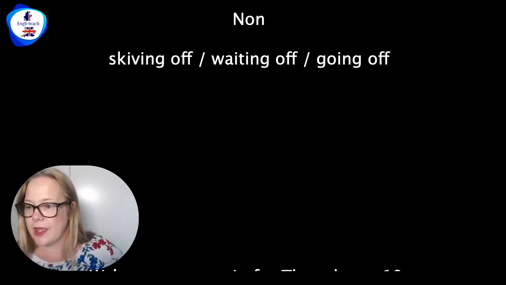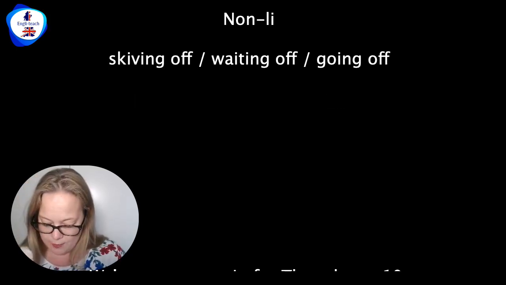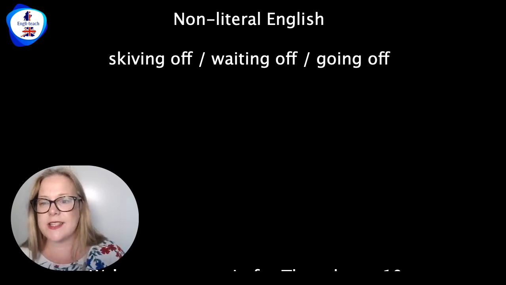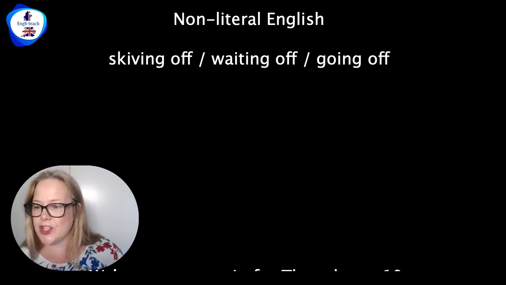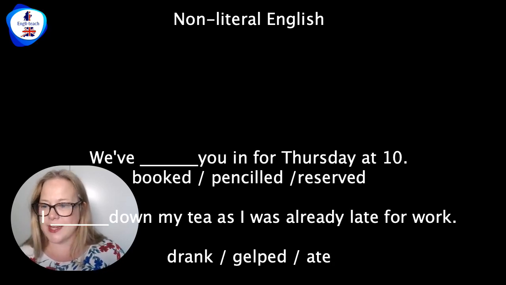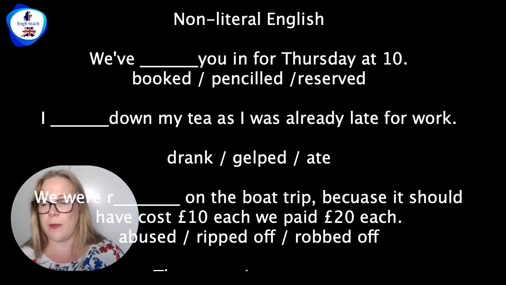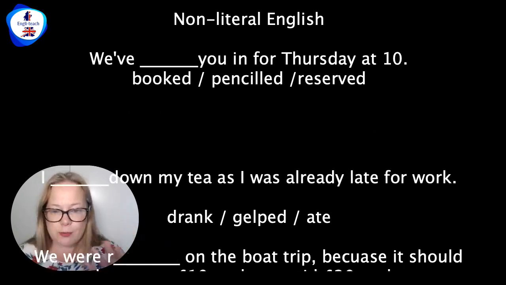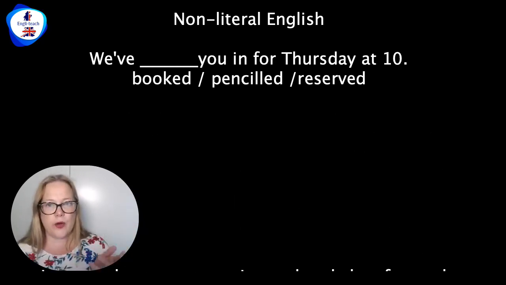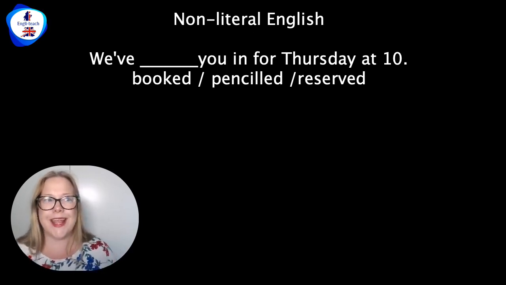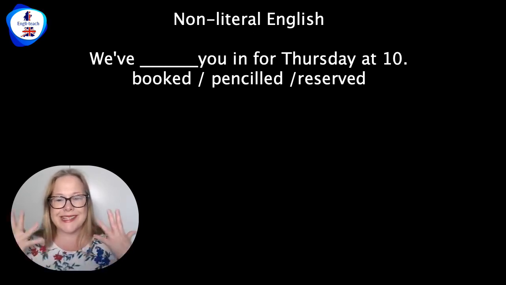Excellent. And let me just put that up here for people that are just joining. So today we're looking at non-literal English expressions and sentences. Non-literal English is when we use language or verbs to express an action quite often, but it's not using the verb in its root value sense.